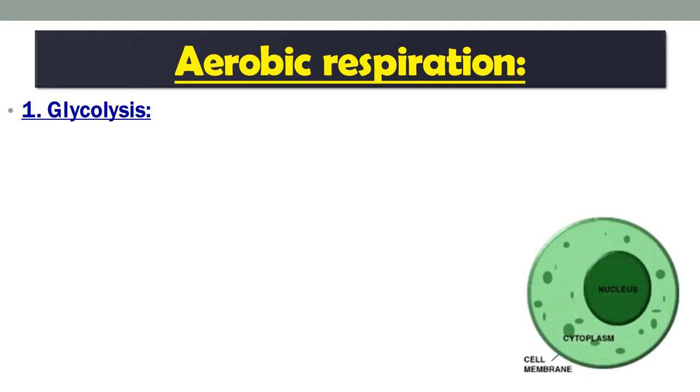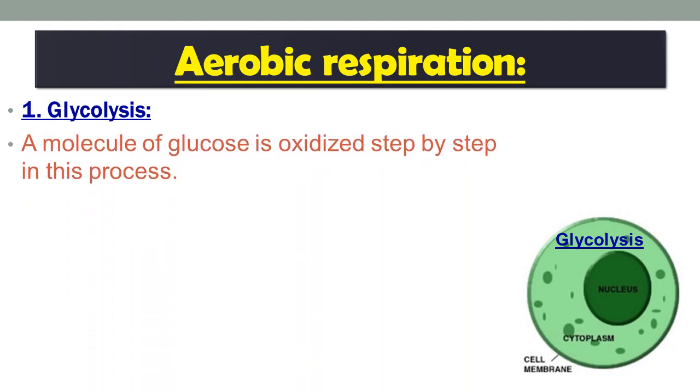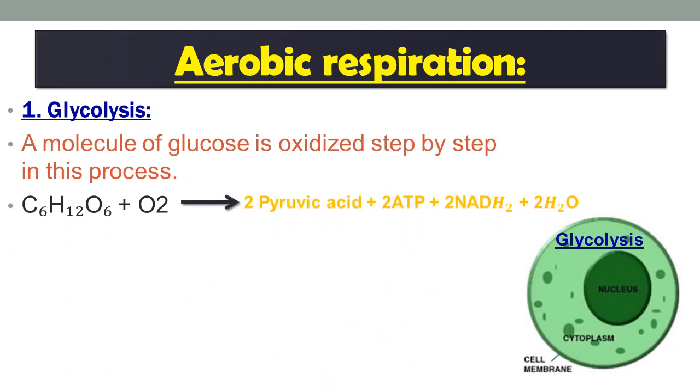Let's understand the first step, glycolysis. The process of glycolysis occurs in the cytoplasm of the cell, outside the nucleus, where a molecule of glucose is oxidized step by step. Glucose is oxidized to form 2 molecules of pyruvic acid, 2 molecules of ATP, 2 molecules of NADH2 and 2 molecules of water. NADH2 is nicotinamide adenine dinucleotide.